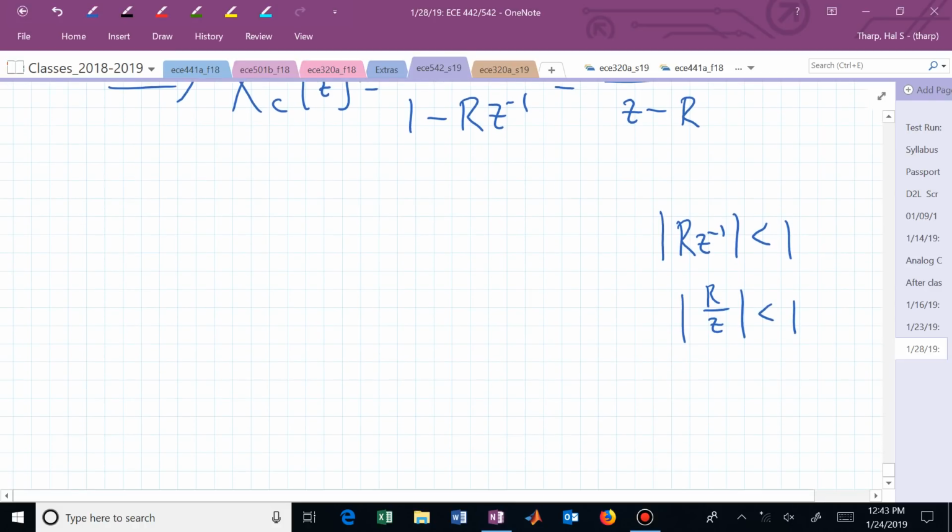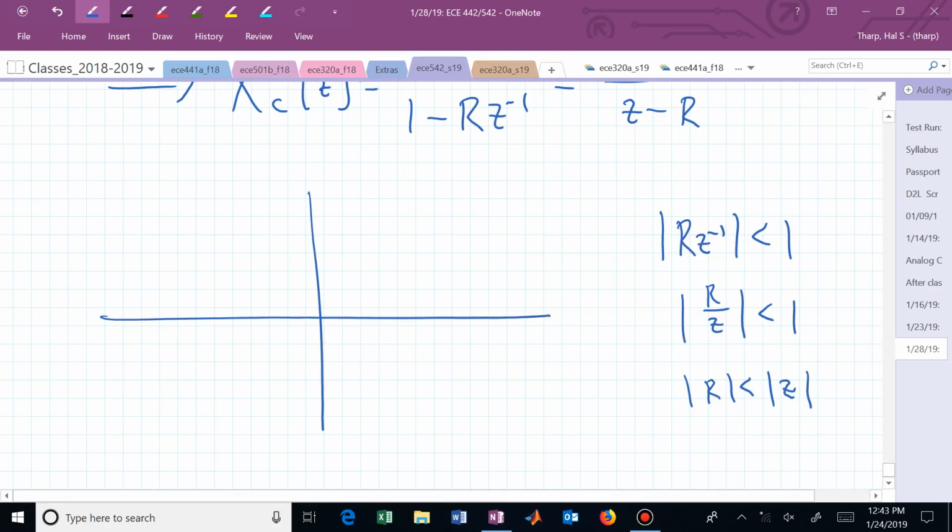Again, we can take this magnitude of a ratio as the ratio of the magnitudes, and we see that now the magnitude of r, or probably the better way of saying that, is the magnitude of z. All complex values of z that have a magnitude bigger than r are in the region of convergence.